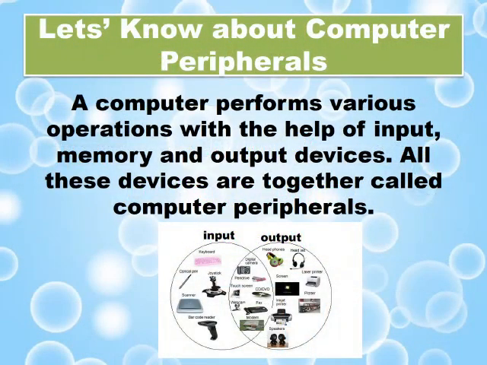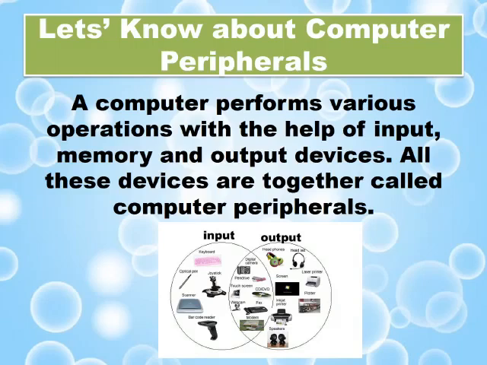Dear students, let's start. Let's know about computer peripherals. What does a computer peripheral mean? A computer performs various operations with the help of input, memory and output devices. All these devices together are called computer peripherals. We know this definition, but what do devices mean?